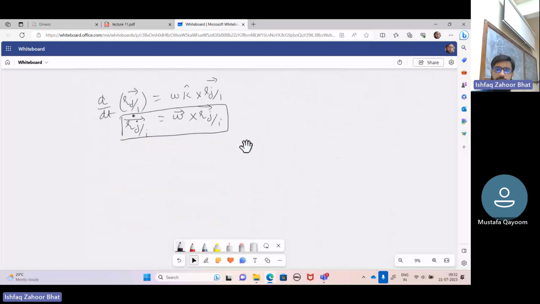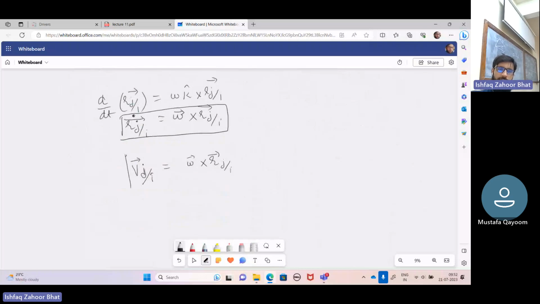This looks like V is equal to omega R, but this is a very general equation. Let me write this equation: Rji dot is equal to omega cross Rji.